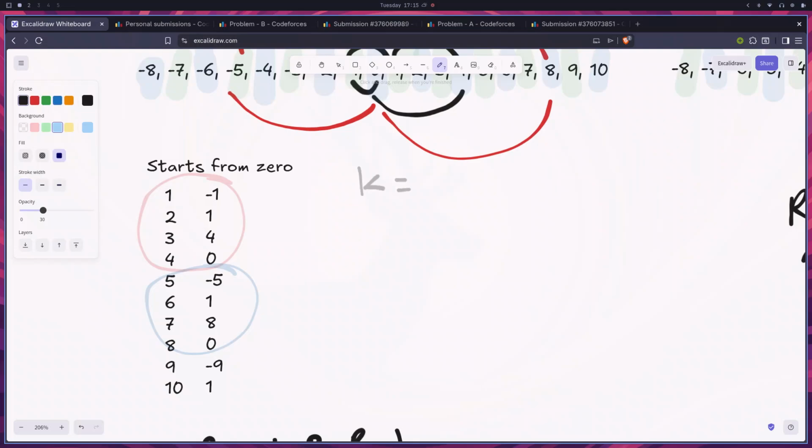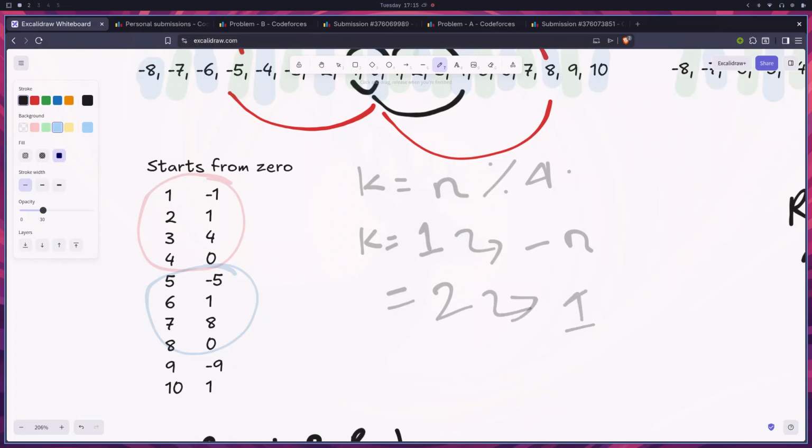So it is a pattern that for each modulus, let's say k equals the number of jumps mod 4. If k equals 1, then the answer will be minus n. If it is equal to 2, it will be 1. See, 2 has 1, and 6 also has 1.